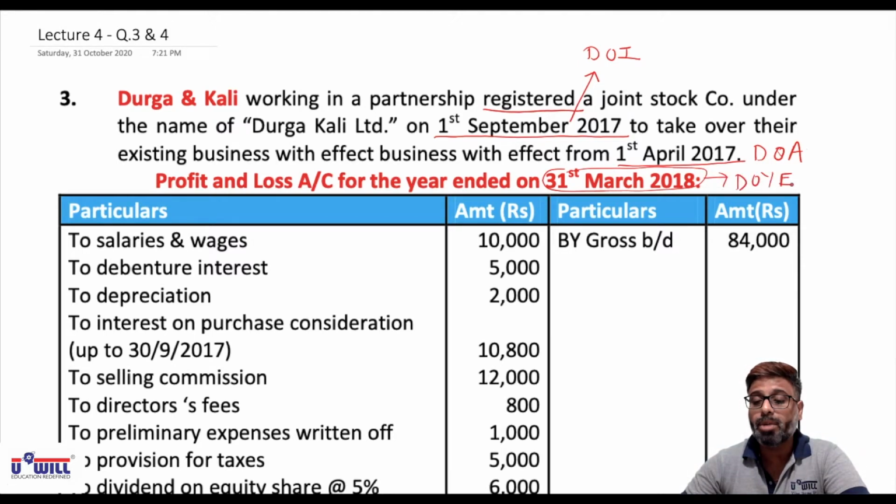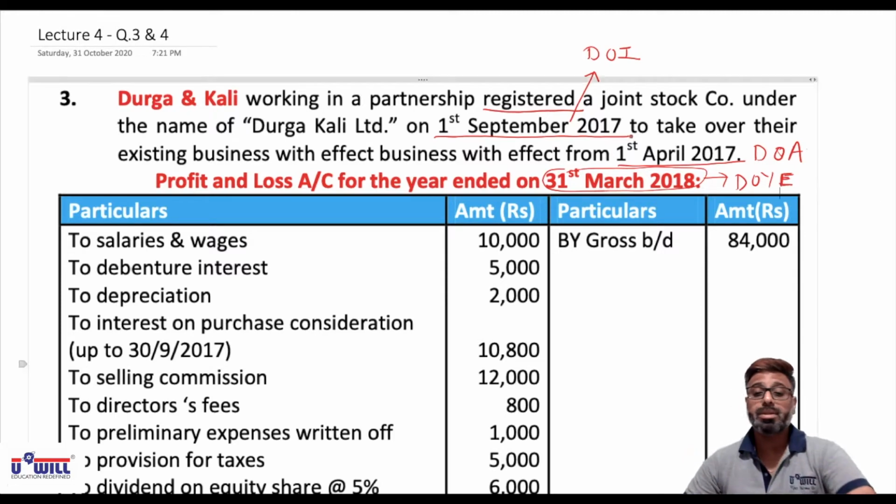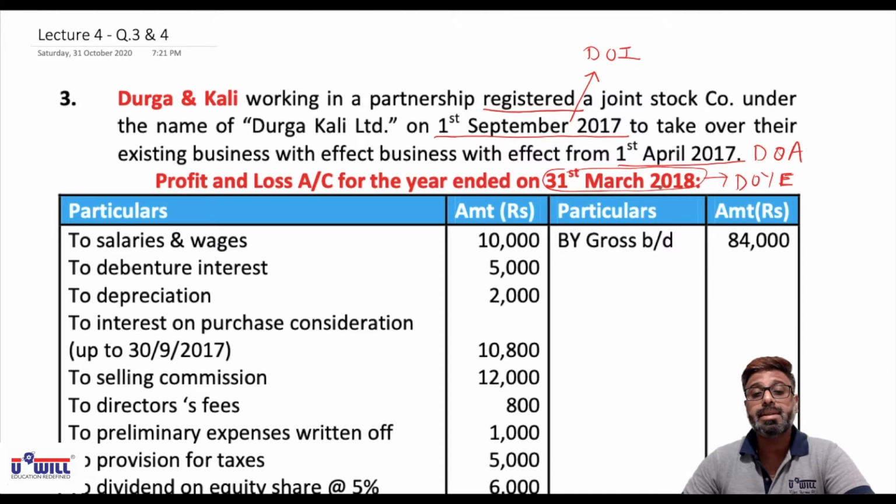Anyway, even if you are not able to identify these, what is the shortcut method I have given you? Just write the three dates in chronological ascending order. Out of these three dates, September, April and March, which date will come very first? 1st April 2017.